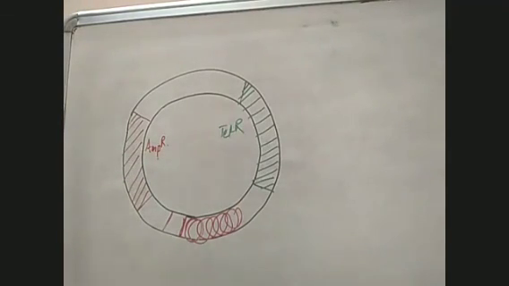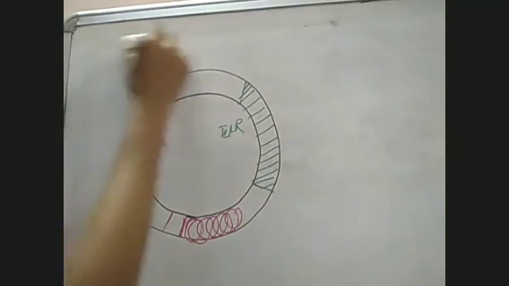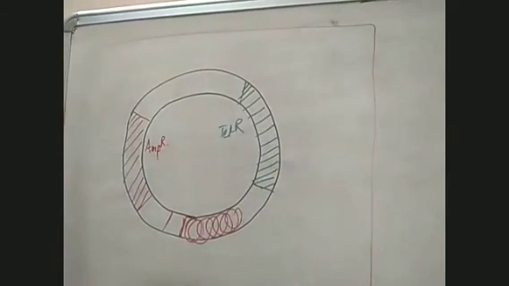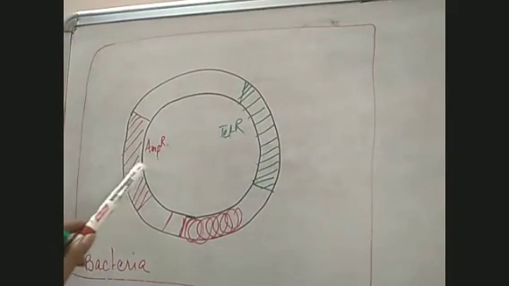See, this vector is introduced in a bacteria. This is a bacteria in which this vector is introduced. Now, when we sprinkle ampicillin on it, or when we grow this bacteria in a medium with ampicillin, will this bacteria die or survive?